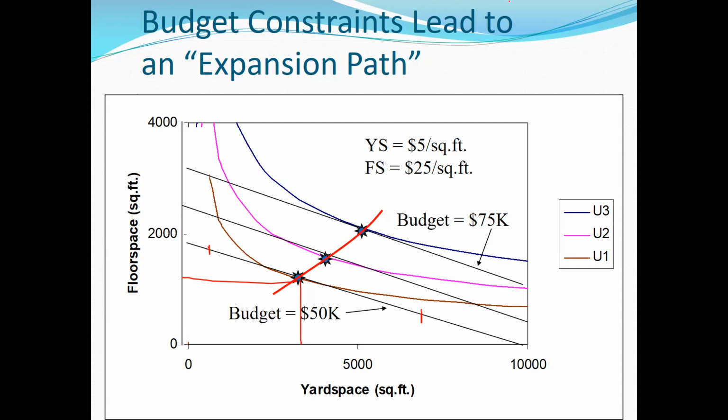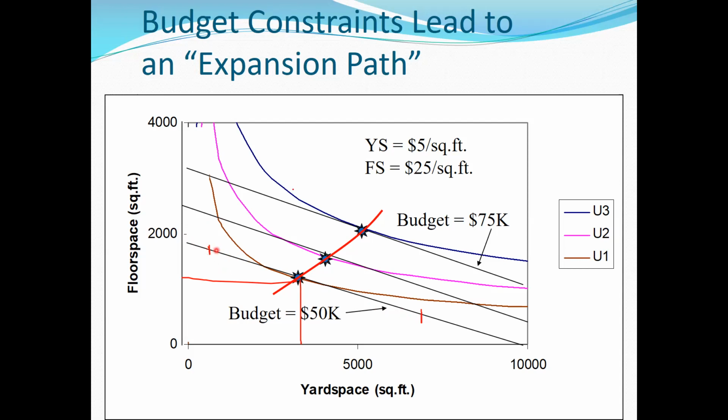It looks like I did lose my connection here for a second, so I'll repeat that. If your budget was right here at $50,000, you would want to spend that $50,000 where the $50,000 budget line is tangent to a particular utility curve.